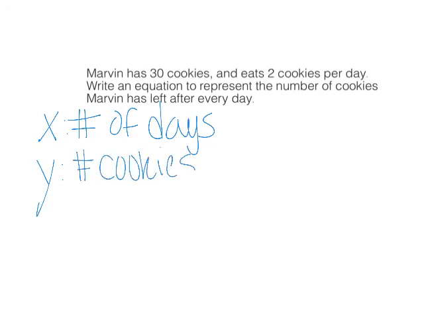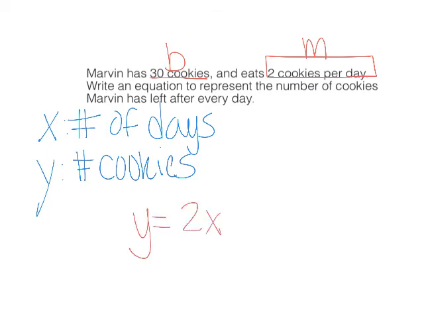Remember, anytime you're talking about something that has to do with time, it's almost always your independent variable, or x. So we have 30 cookies, and then we have 2 cookies per day. This right here is our m. This is our b. So your equation is y equals 2 cookies per day plus the 30 cookies that he already has.